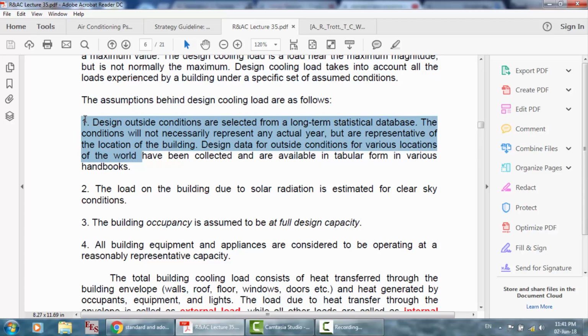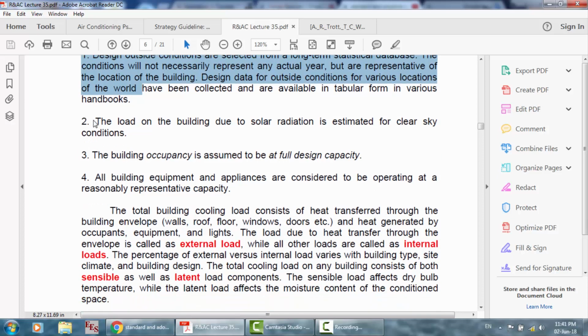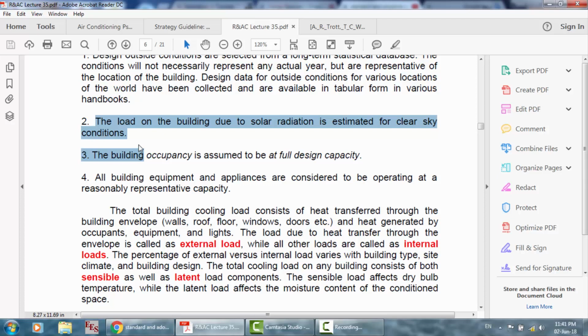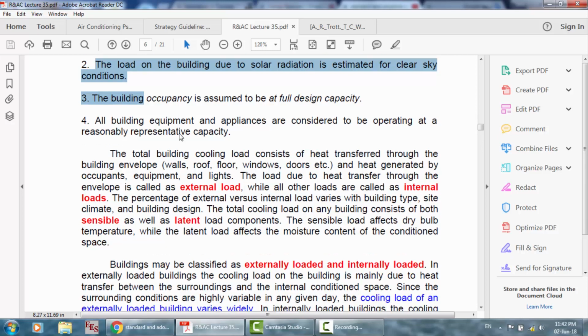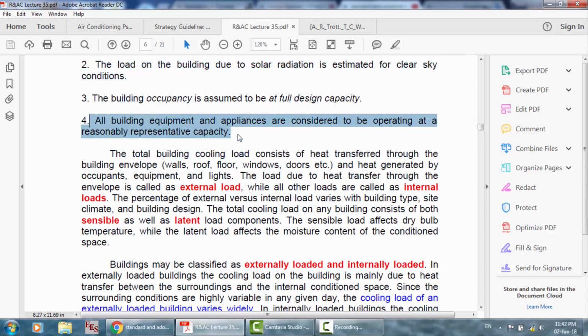We can select your country, because this is very important. The load on the building due to solar radiation is estimated for the clear sky conditions. The building occupancy is assumed to be at full design capacity. All building equipment and appliances are considered to be operating at reasonably representative capacity.